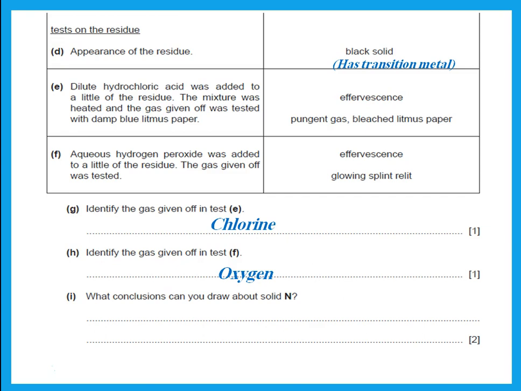If I add anything to it, it could make the reaction faster and give out more oxygen. So the fact that I added this substance to hydrogen peroxide and it gave out oxygen gas means that this acts as a catalyst. You know what a catalyst is? Catalyst means it makes the reaction faster.